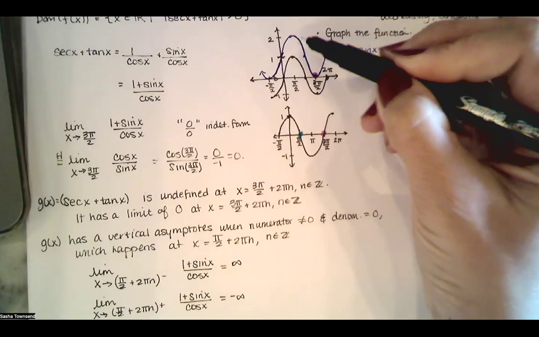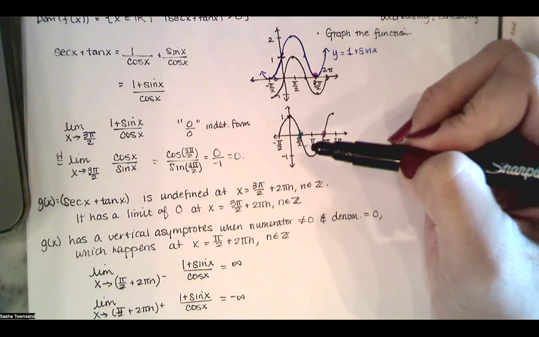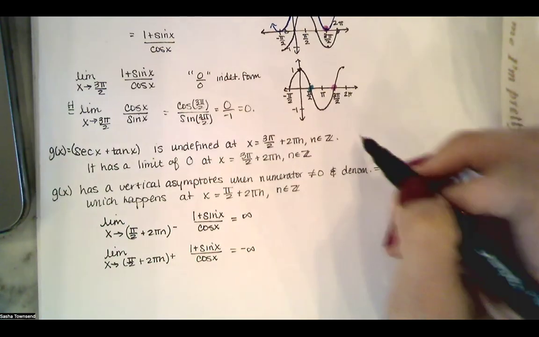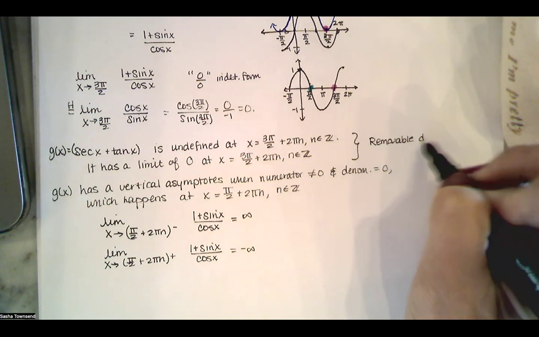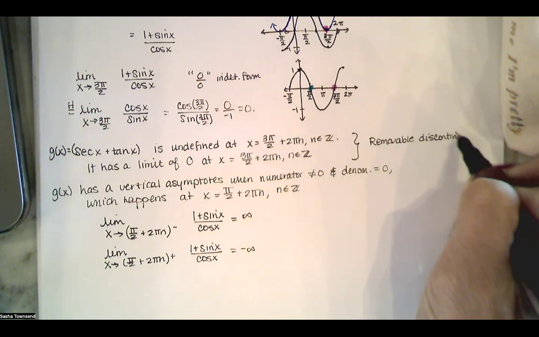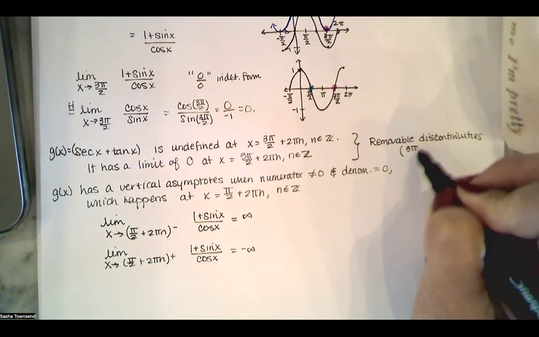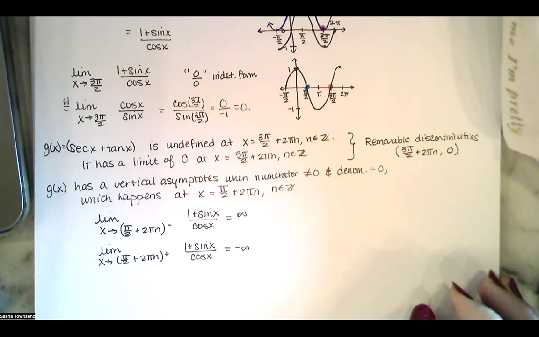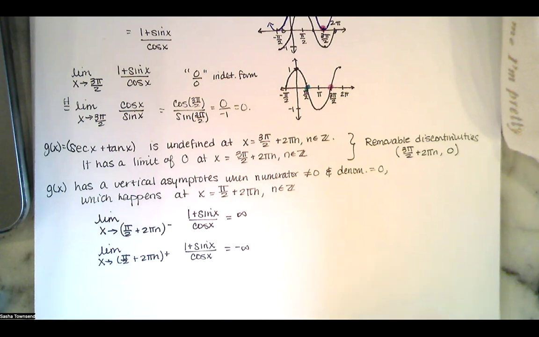And again, that's because I'm taking that number that's approaching 2, and then dividing by a tiny positive number on the one side, which gives us a very large positive number, or a tiny negative number on the other. So that gives us a large negative number. So these correspond to removable discontinuities at x equals 3 pi over 2 plus 2 pi n, and the limiting value, which is 0, because of that calculation. And then we've got these vertical asymptotes here and here.